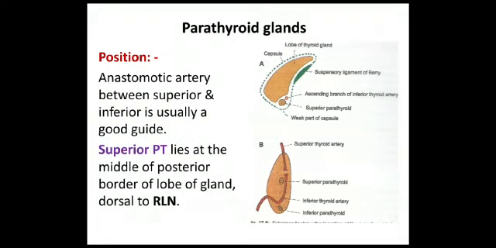To find the position of the parathyroid glands, the anastomotic artery between the superior and inferior thyroid artery is usually a good guide. The superior parathyroid lies in the middle of the posterior border of the lobe of the gland, dorsal to the recurrent laryngeal nerve.